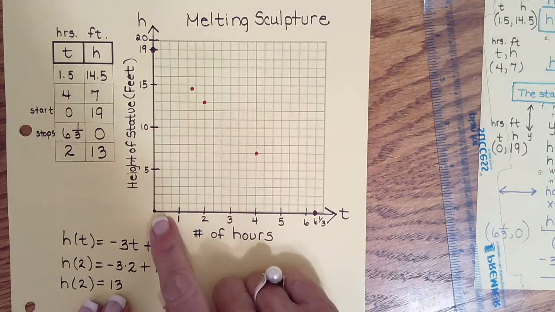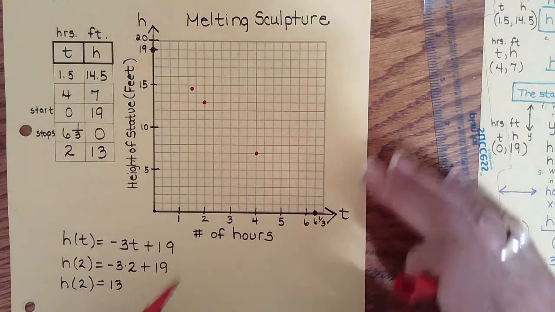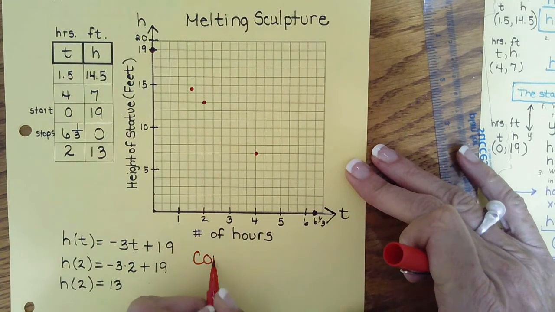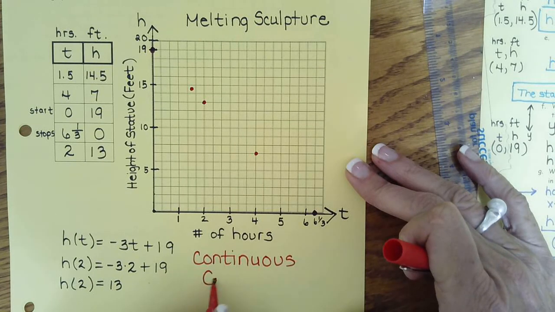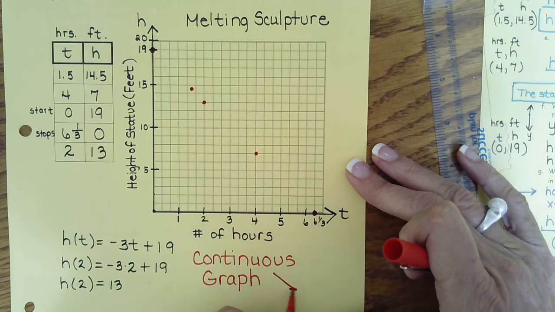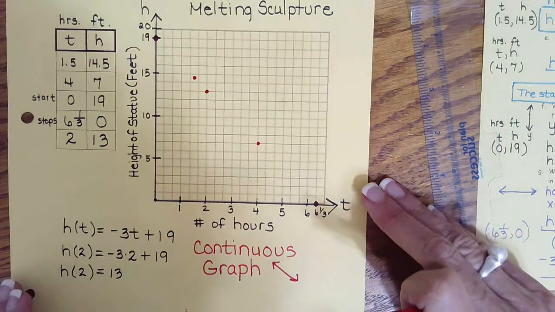And so because fractions and decimals make sense, it's going to be a continuous graph. And that means connected. So continuous means you can draw the line and you never have to lift your pencil.